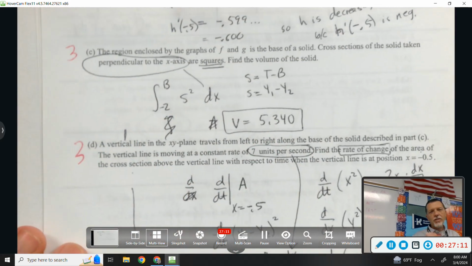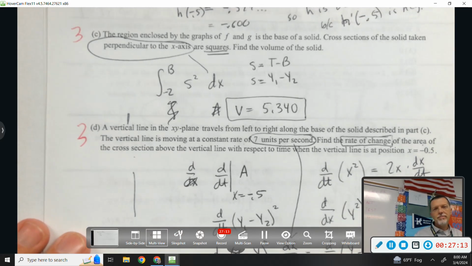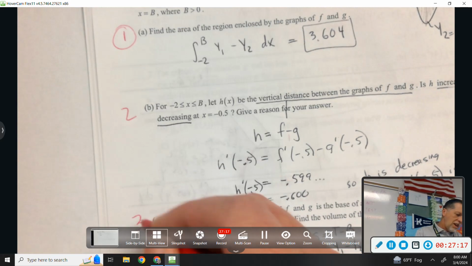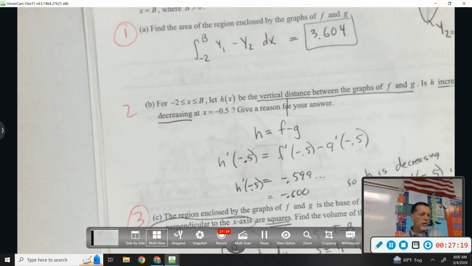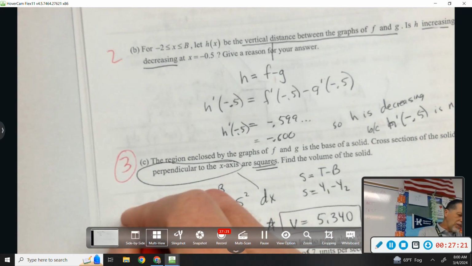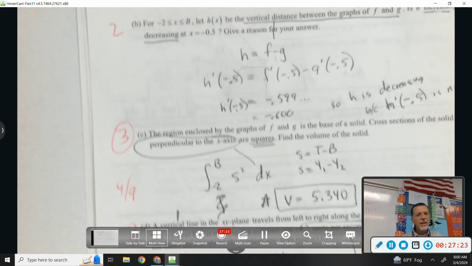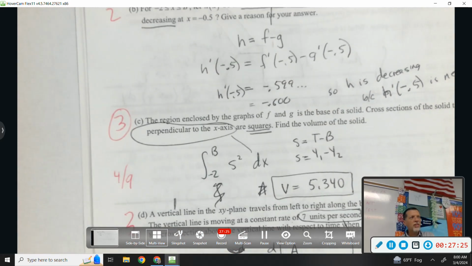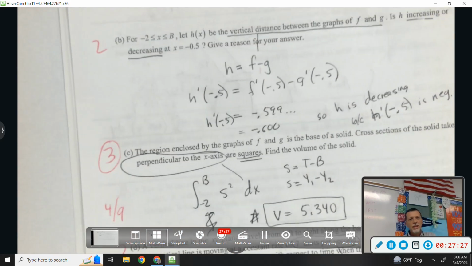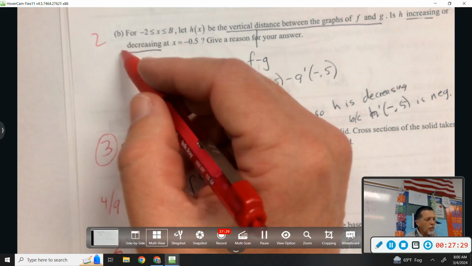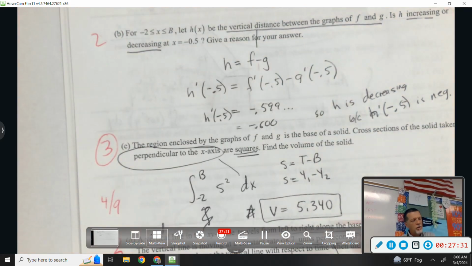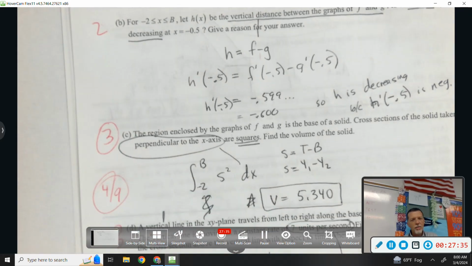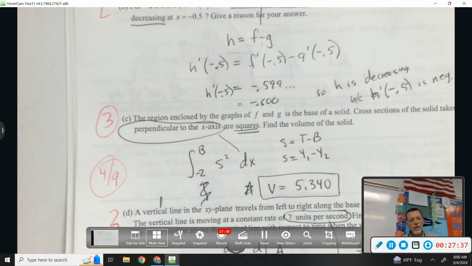The last one was crazy. So if you got the ones you should have got, A and C were pretty straightforward. Even if that's all you got, that'd be 4 out of 9, and 4 out of 9 is on pace for a 3. And then hopefully maybe you got some of part B. Part D was kind of a weird one. But again, even if you got just the basic parts of it, you're on pace for a 3 anyway.